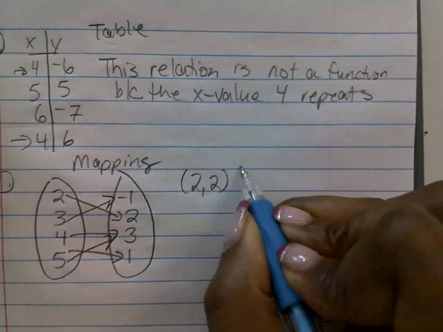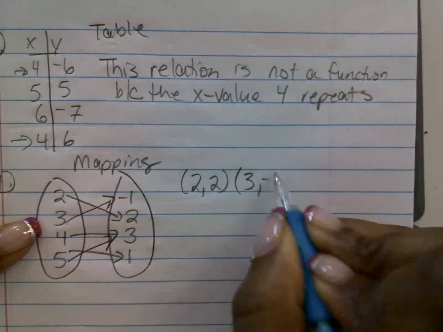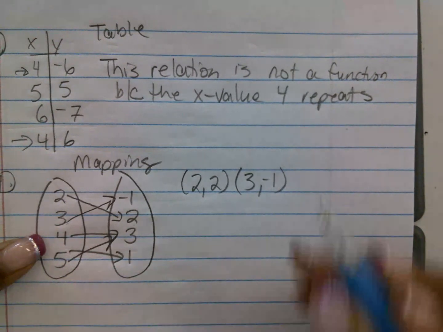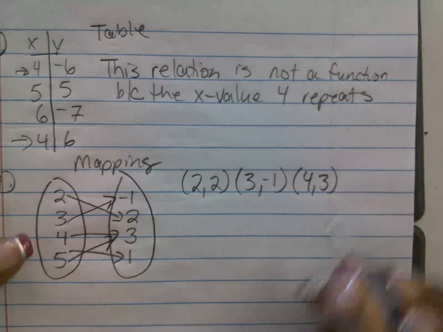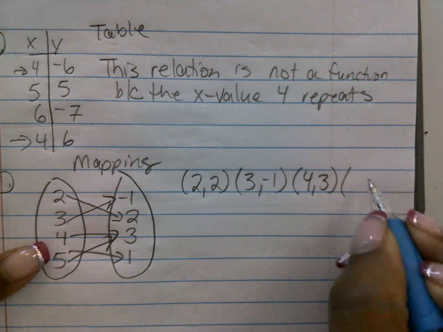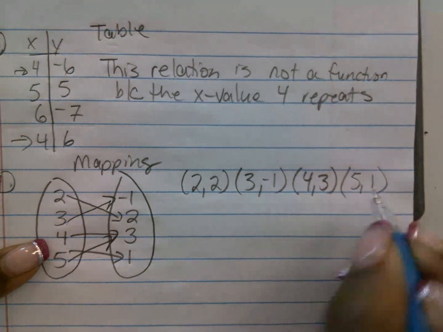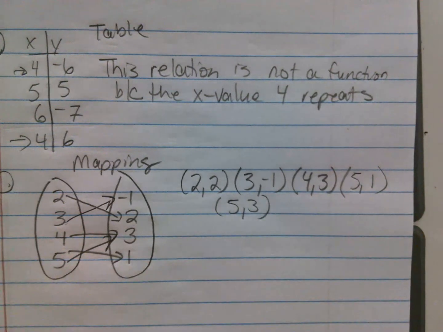What is the second ordered pair? 3 and -1. What is the third ordered pair? 4, comma 3. What's the next ordered pair? 5 and 1. And what is the last ordered pair? 5 and 3. Very good.